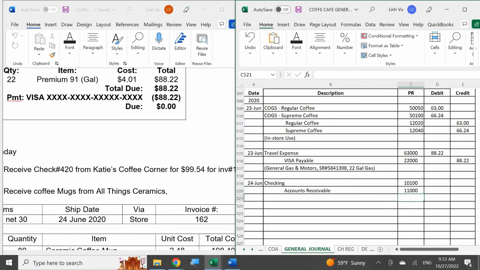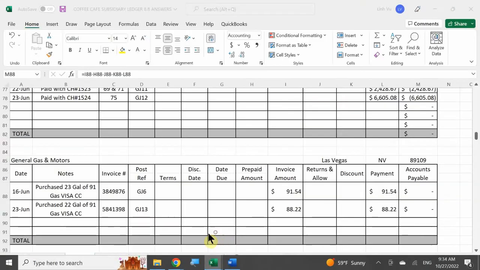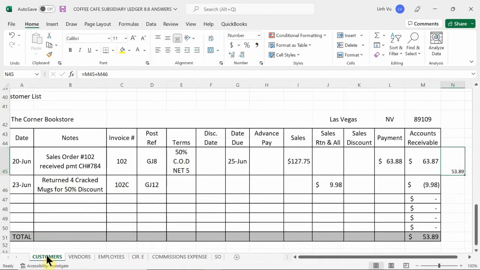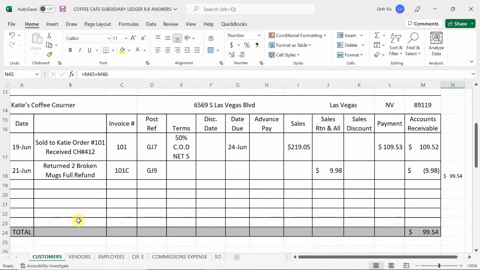How do I verify how much Katie owes me for her invoice number 101? You go to your client list. Yes. So subsidiary ledger, customers, for Katie. Here's Katie, invoice number 101. She owes me $99.54. So that's exactly how much she paid me.